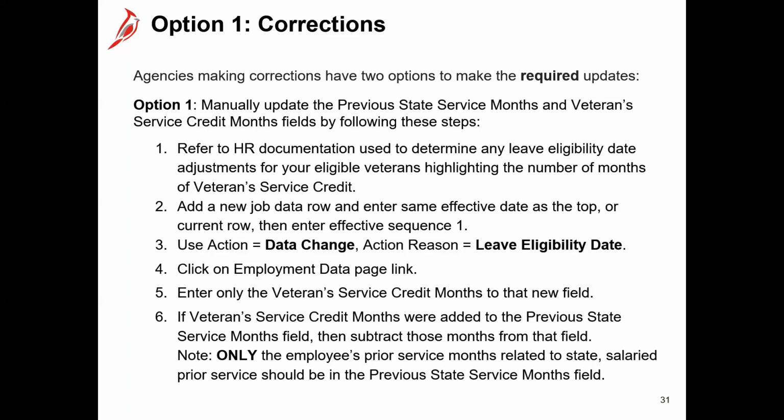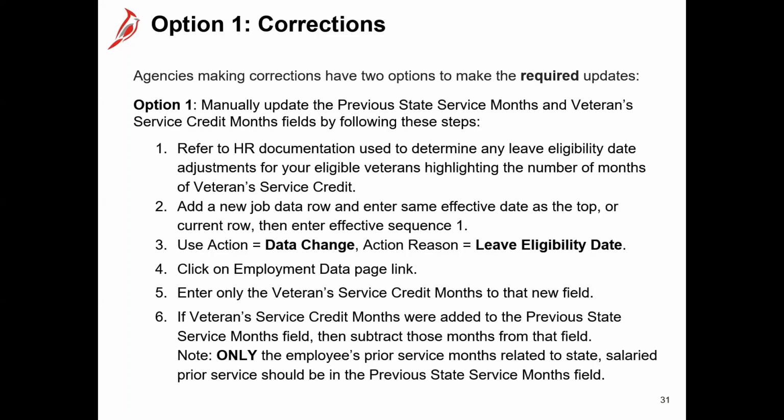And then you're going to enter in that effective sequence of 1. If the employee's last effective dated row is not in the current leave year, you're going to use that January 10th, 2023 date. That way, the employee's accruals calculate back appropriately.